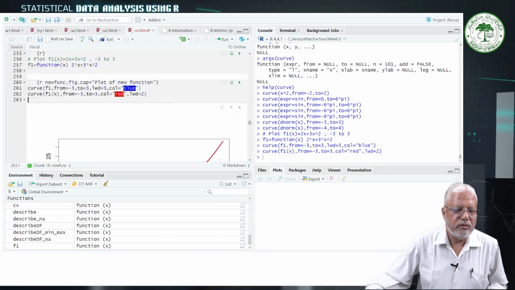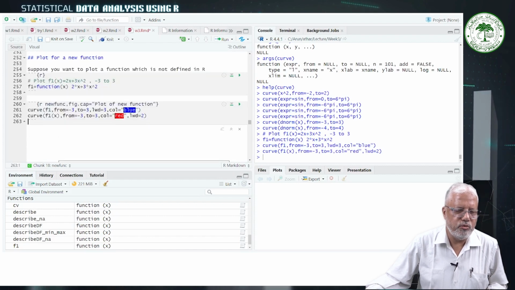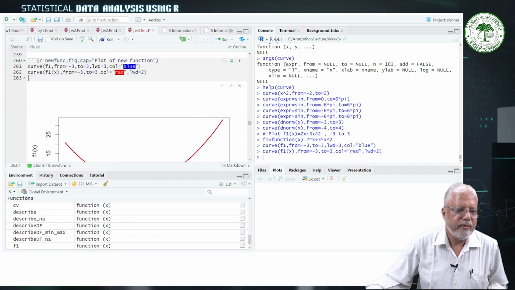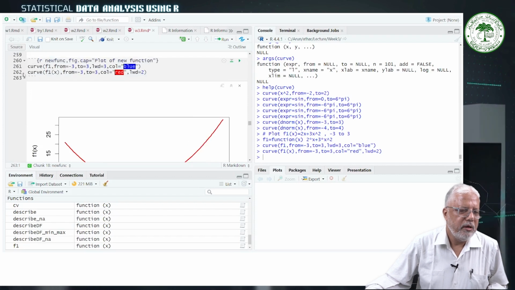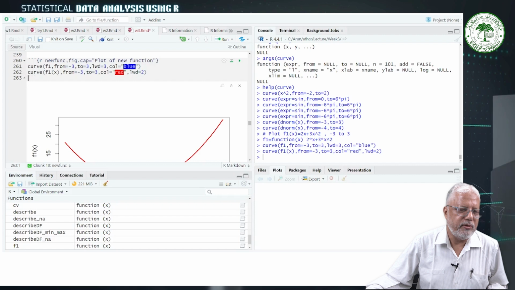So here we have reduced the lwd line width from 3 to 2, and we gave a color option that is red. Here you can write f1 and its argument, but it must be x. If you put some other argument, it will not plot.